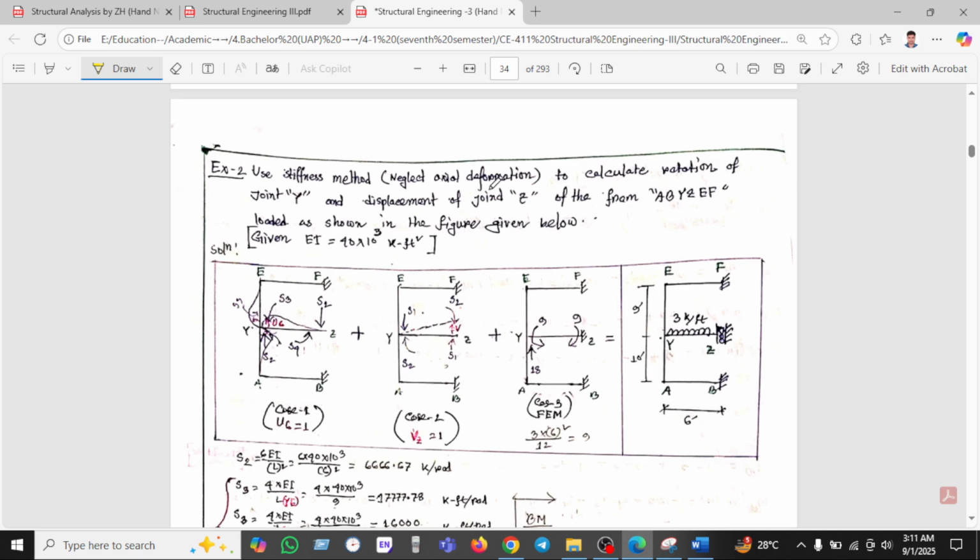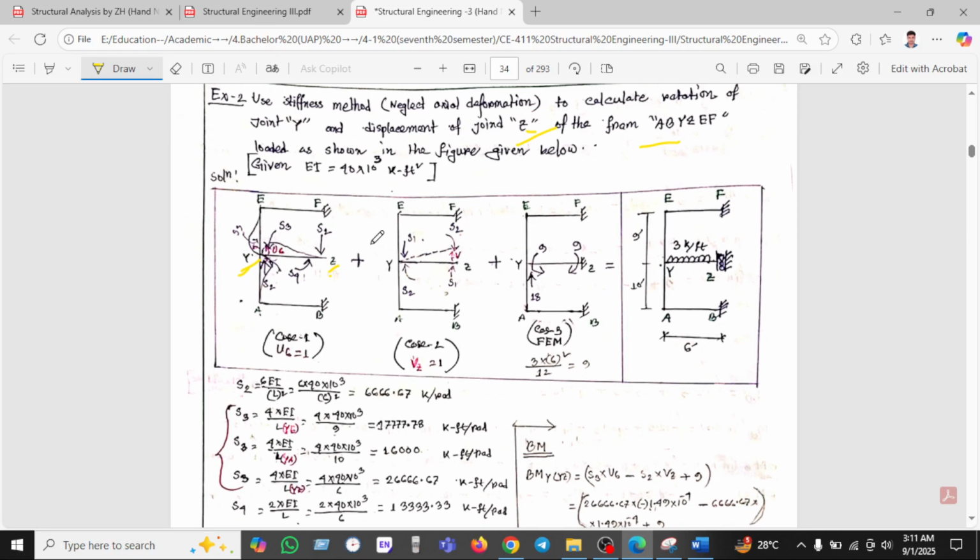Use the stiffness matrix method, neglect the axial deformation, to calculate the reaction at point Y. This is the point Y, and the displacement is Z. This is the Z, and from A, B, C, D, and rotation figure. So this is our main diagram. Due to lack of spacing, I'm just drawing it this way.